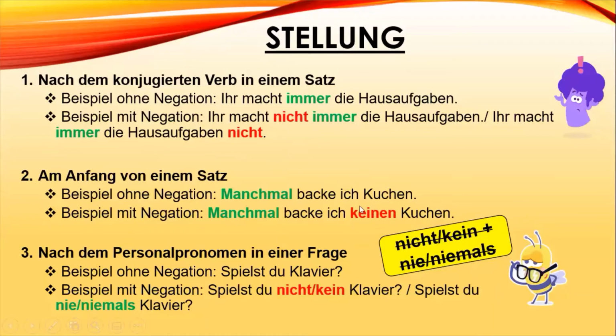Here, kein is the negation word used with the ending en because Kuchen, which is the cake, is masculine in German, it is der Kuchen, and backen is a regular German verb that uses the accusative grammar case in the German language.